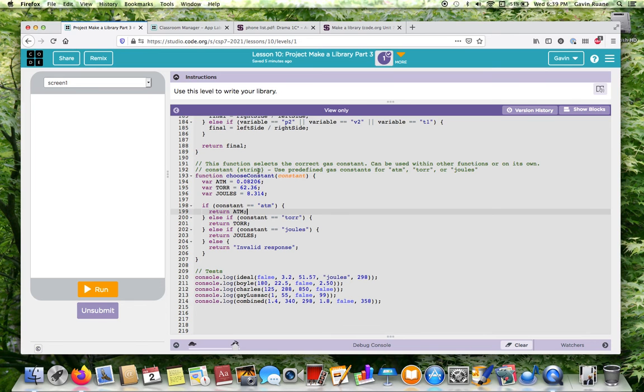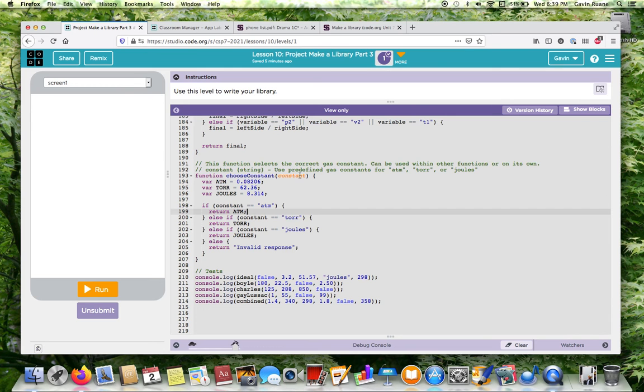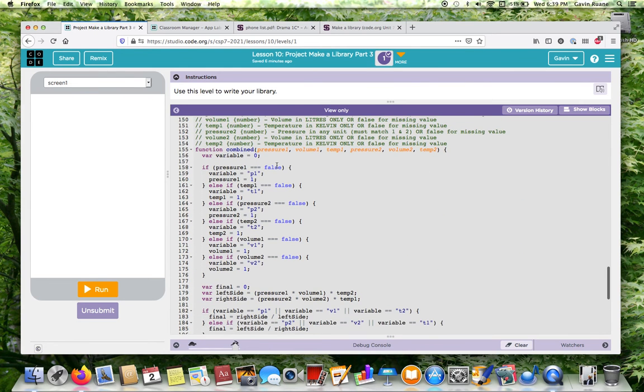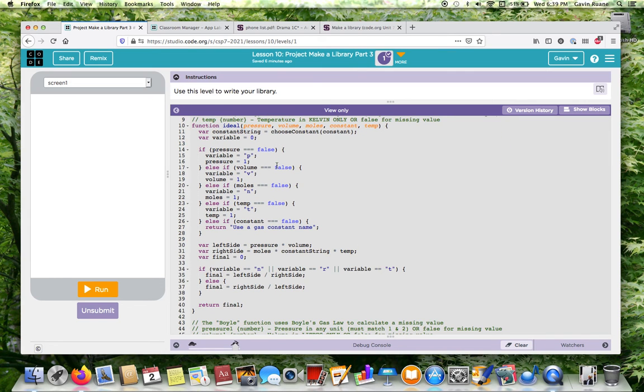And then we have this one down here. This function is not a gas law, but it's used within these functions. It takes one parameter, the constant, a string. In each of these functions, I'm just going to go through one to save time, and that will be the ideal one because this one's the most complex. In this function, it's first going to set constant string equal to choose constant with parameter constant.